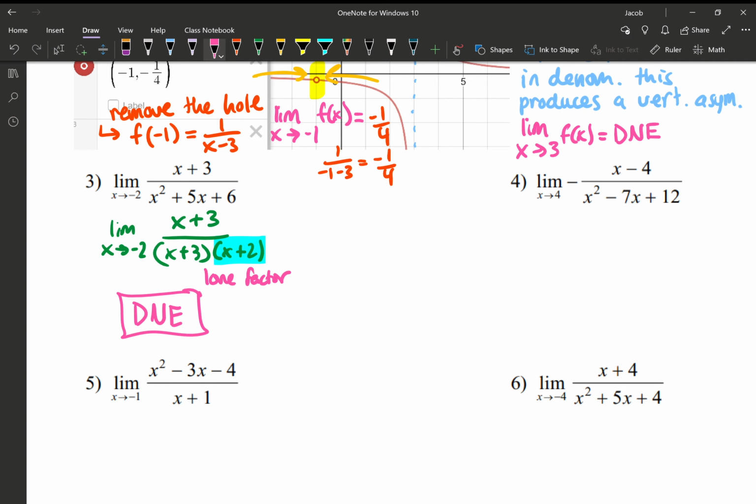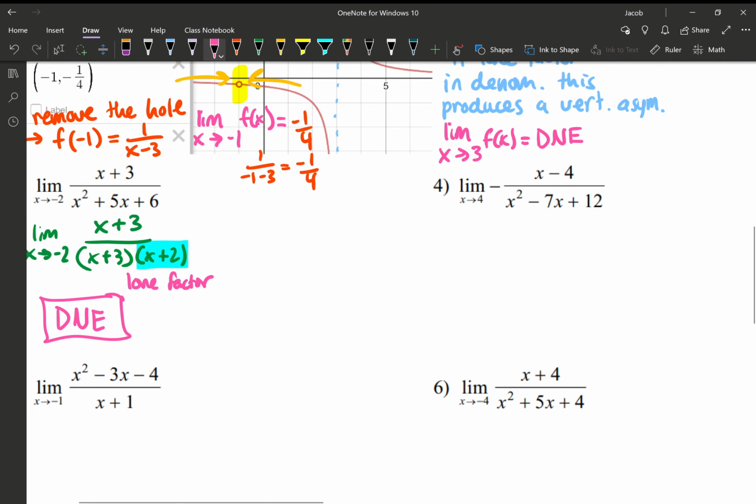Number 4, we'll factor x minus 4. The negative can stay up there. It doesn't change our factorization. X minus 4, x minus 3. This means we will have a hole at 4, which is what we're being asked about, because it says what's the limit as x approaches 4. So this is a hole.